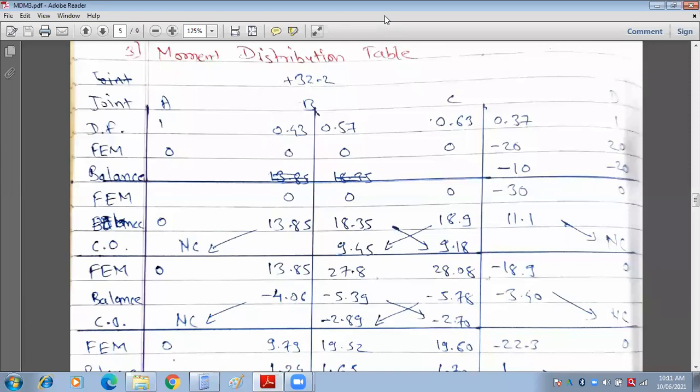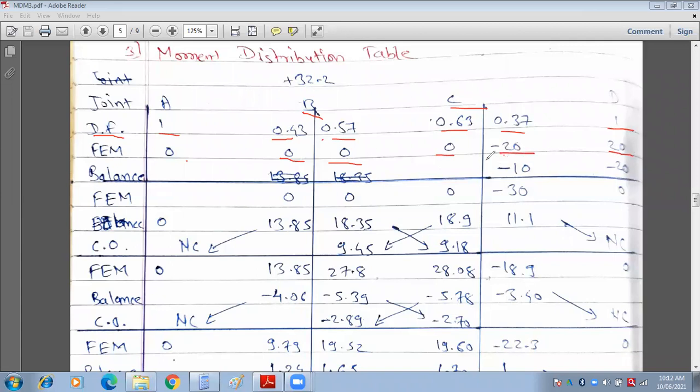As we know the fixed end moments and distribution factors that we have calculated, I had discussed that joint A and joint D by default carry a distribution factor of one because only one member is connected. For joint B and joint C, the distribution factors we have just calculated are written over here. Fixed end moment is 0 for these two members. Only for the CD member the value we calculated is minus 20 and this is plus 20.